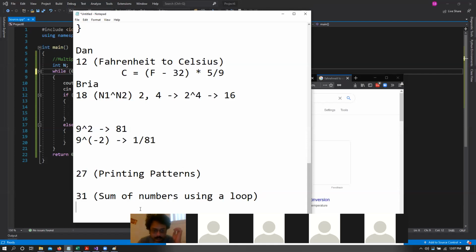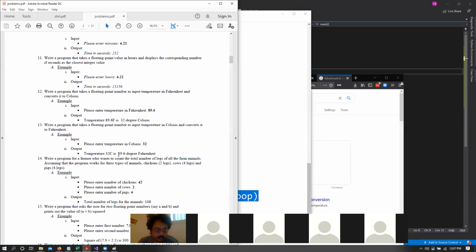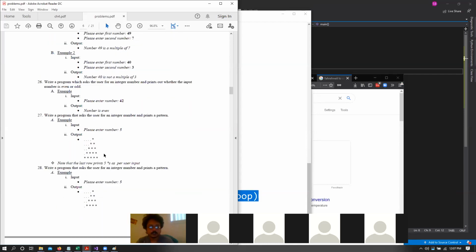So out of 27 and 31, Nicholas, somebody is trying to do 27. So question number 27, perfect. Let's do 27. So you would ask the user for a number, and then essentially you would print out this pattern. This particular pattern is a pattern of dots and stars, where the first line would be 4 dots and 1 star, then 3 dots and 2 stars, 2 dots and 3 stars, and so on, all the way to 5 stars.